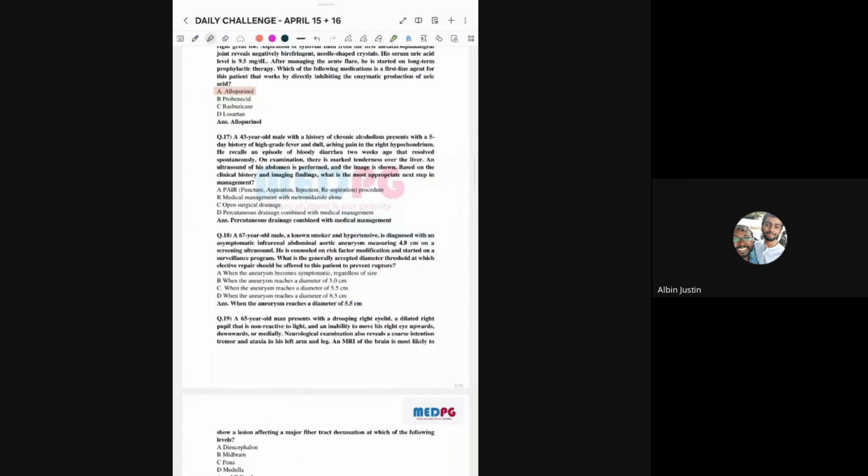Question number 17. A 43-year-old male with a history of chronic alcoholism, 5-day history of high-grade fever, dull aching pain in the right hypochondrium. What is the diagnosis? There is bloody diarrhea, marked tenderness over the liver, ultrasound image is not shown.